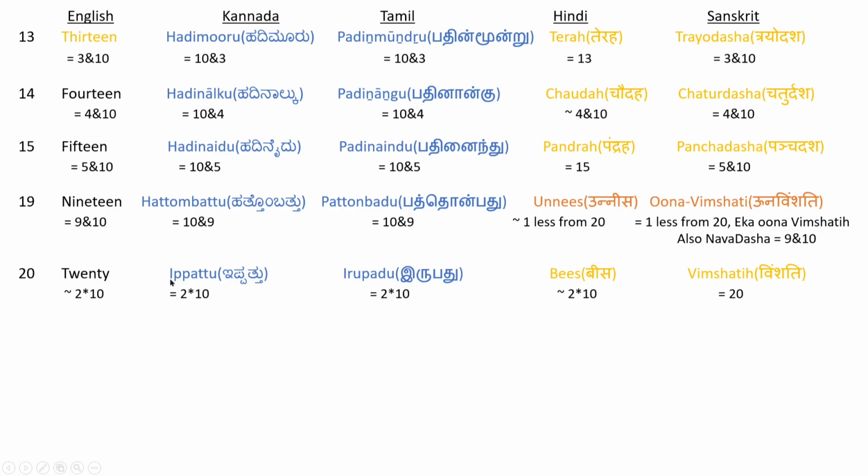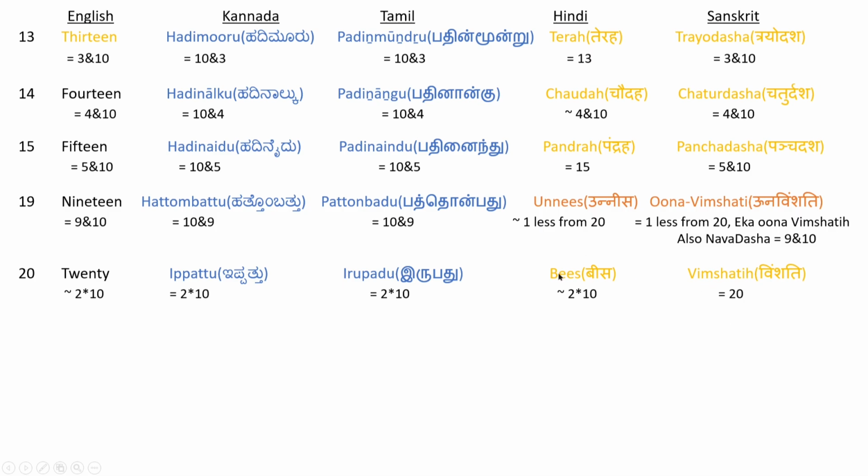That's not a new name, that's a name for 2 and 10. Ippattu. Yaradu hattu becomes ippattu, or irandu pattu becomes ippattu in Tamil. Here that ip sound for 2 is used. It's an archaic form. So it's exactly 2 into 10 in this.